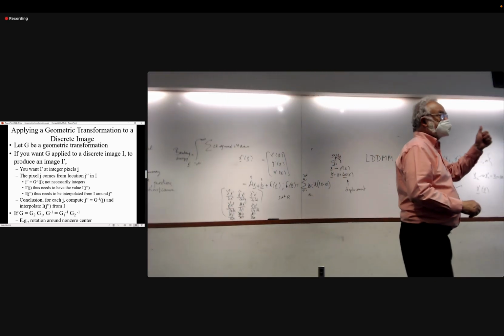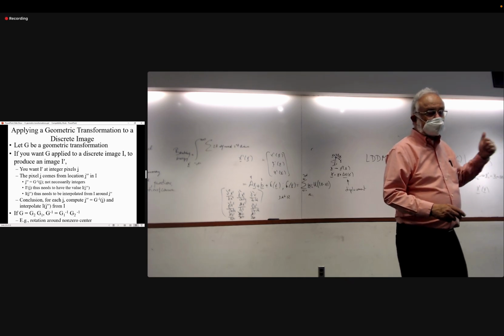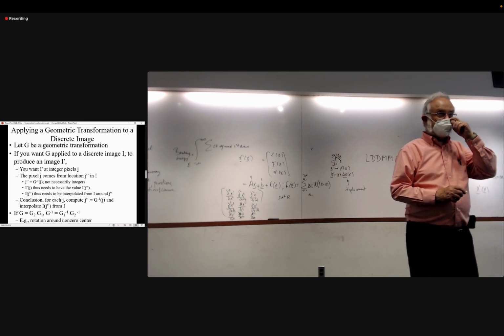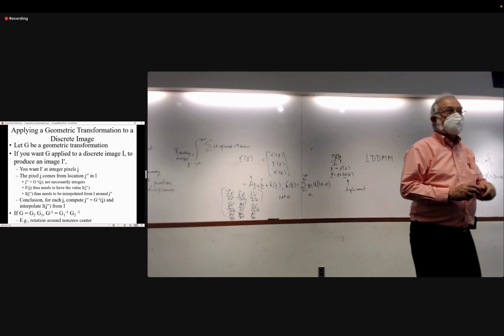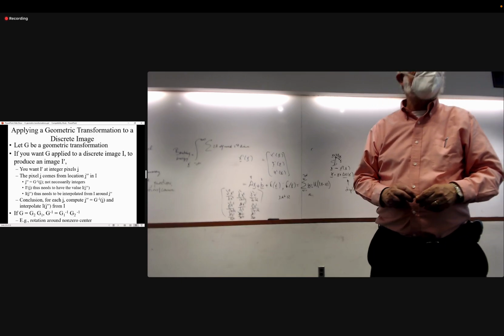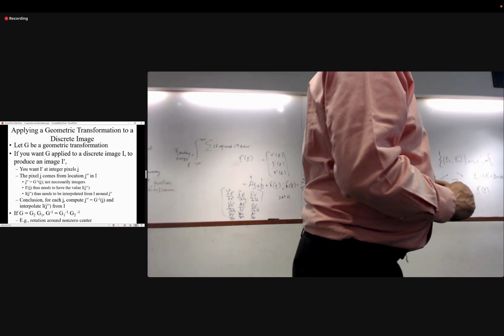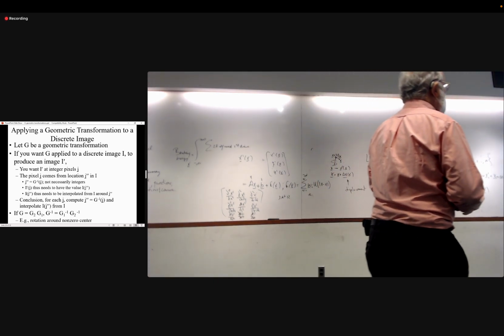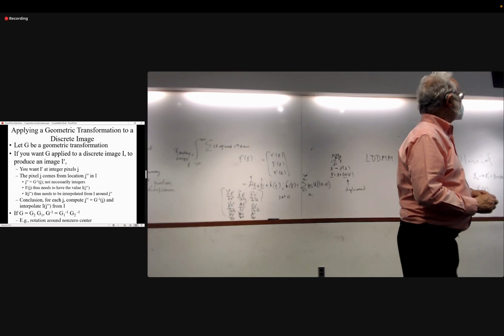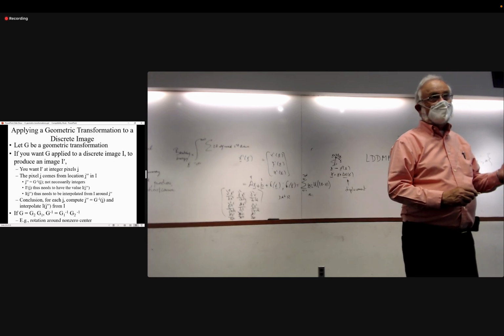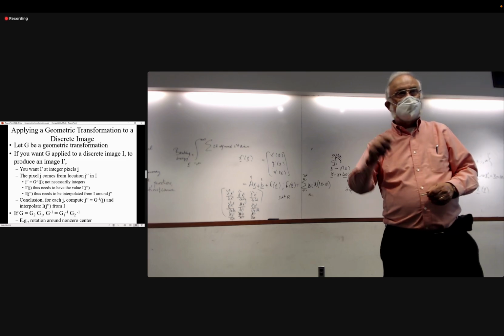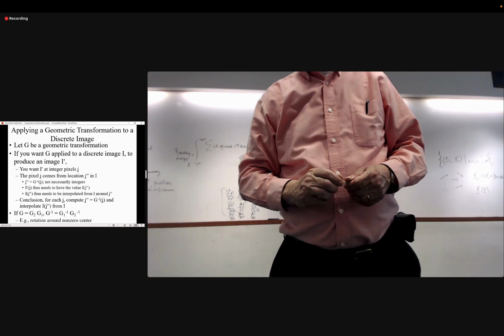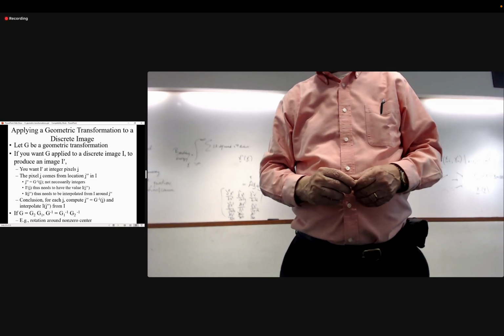And so you have to figure out what's the inverse transformation from I prime back to I. That's this G inverse. And that gives you places in I that you can then transfer into the pixels in I prime that you're after, or the voxels in I prime that you're after.